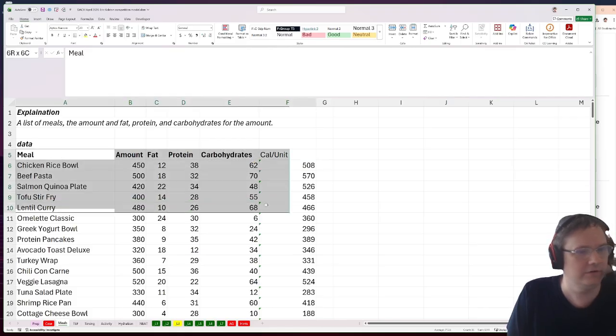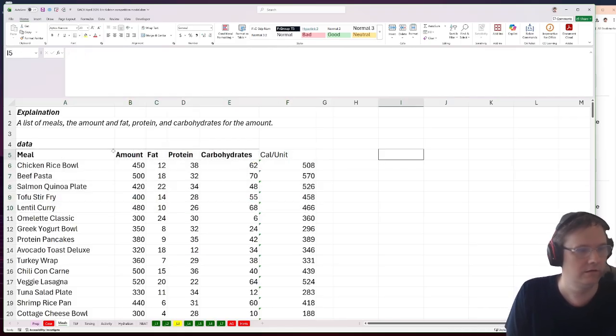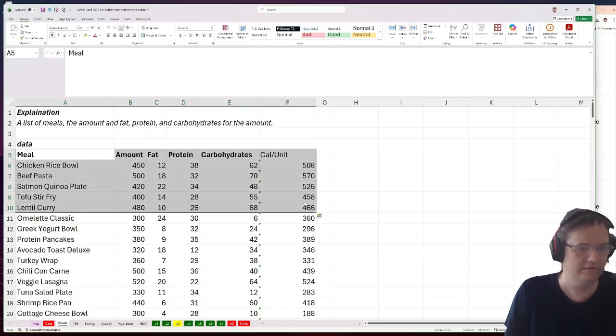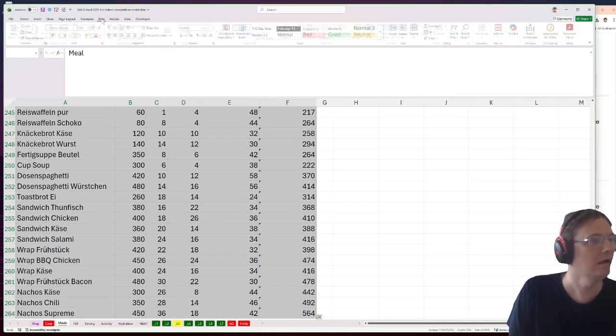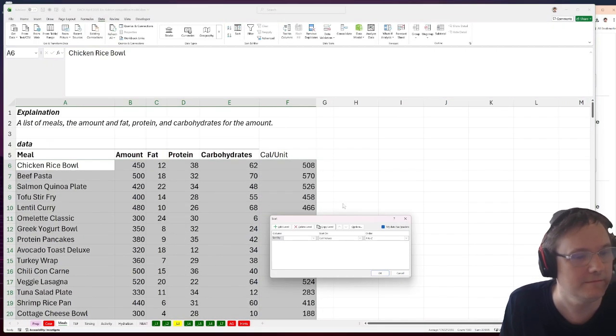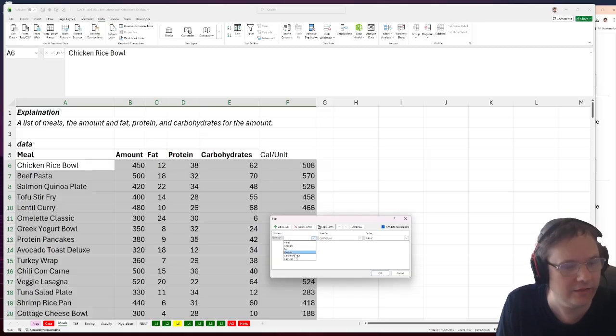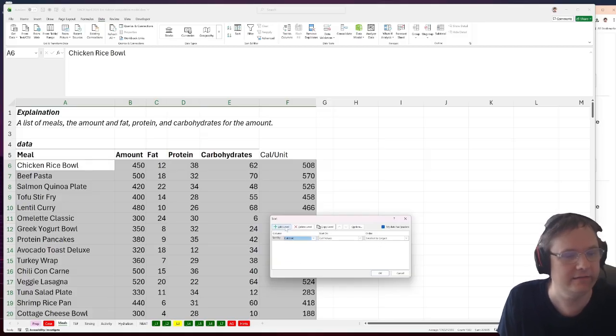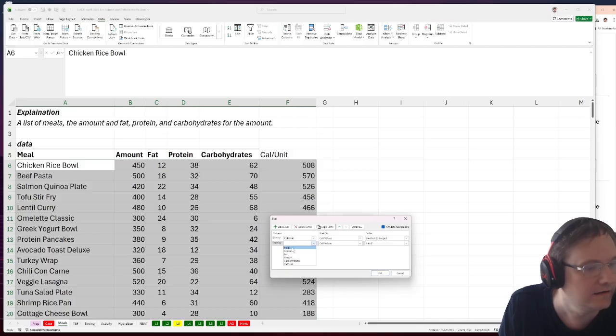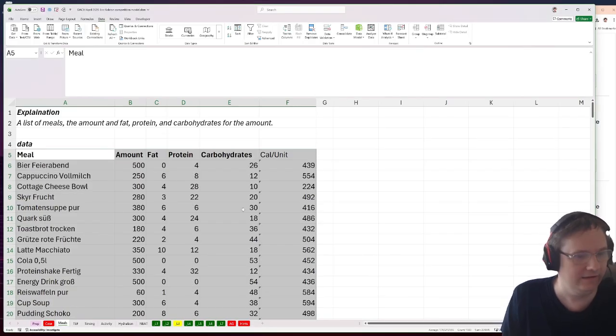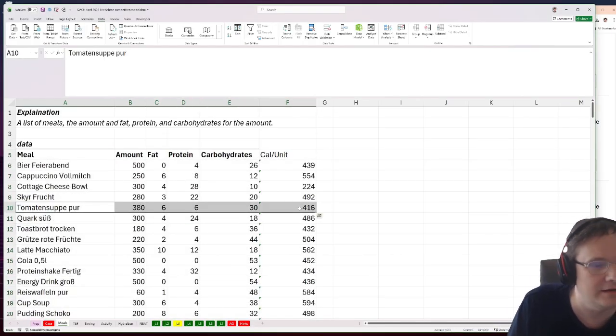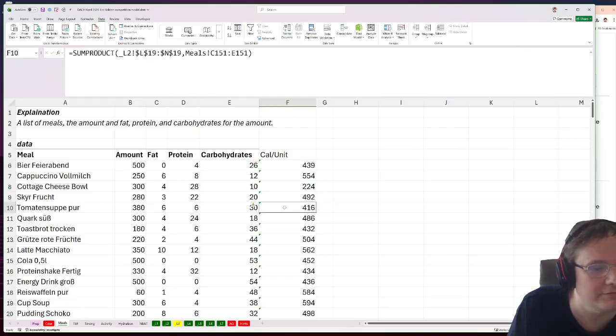That's calories per unit. And then I'm just going to sort this using the sort button by calories per unit ascending, and then name A to Z. And that makes tomato 5. What? 1, 2, 3, 4, 5. Okay.